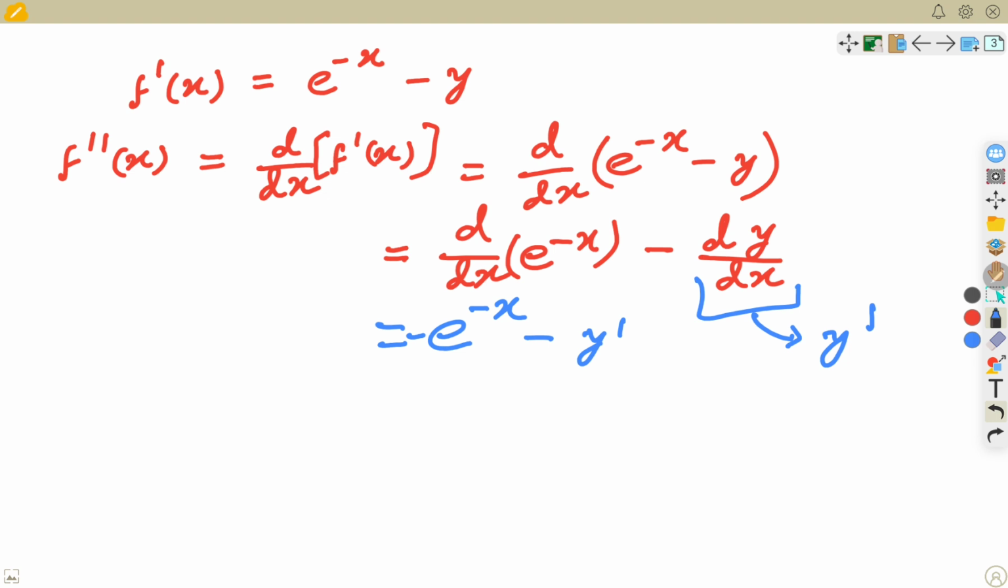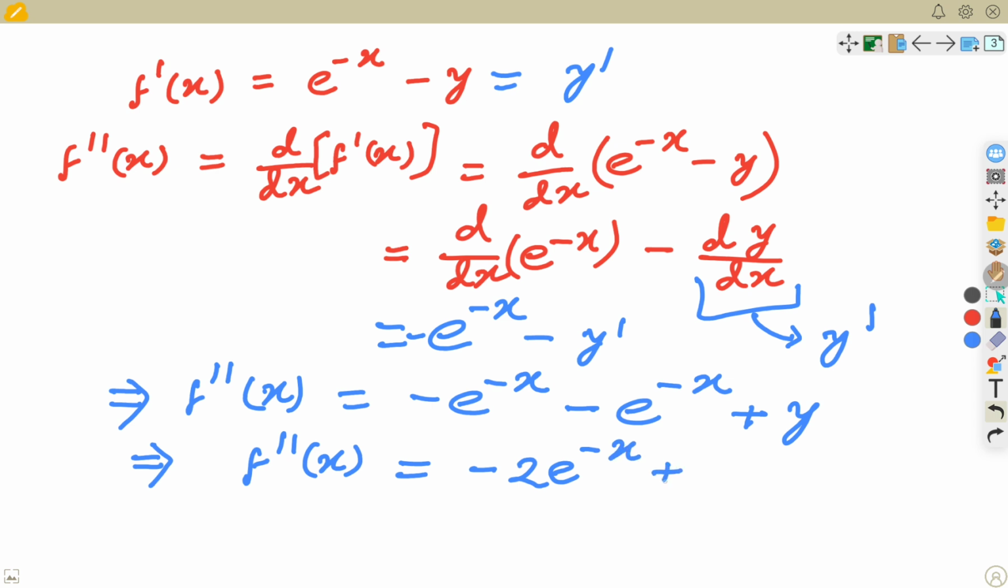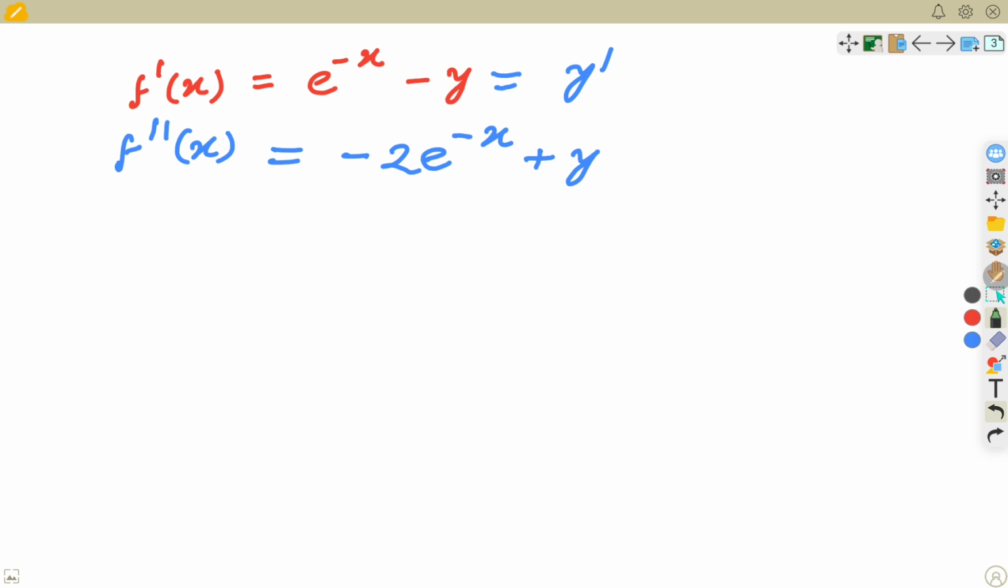Now if we put in the value of the first derivative, that is e to the power minus x minus y, then the second derivative becomes minus e to the power minus x minus e to the power minus x plus y. So the final answer for the second derivative of the given function becomes minus 2 e to the power minus x plus y.